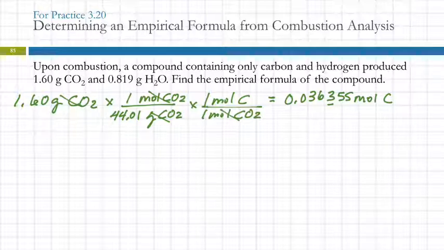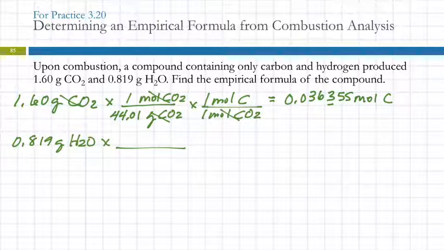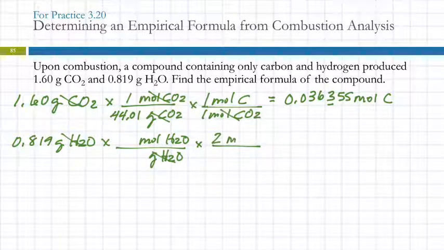And then we have 0.819 grams of water. So I'm going to do the same thing. I'm going to convert that to moles of water using the molar mass of water. And then I'm going to look at the formula. There are 2 moles of hydrogen in every 1 mole of water, right? 2 moles of hydrogen for every 1 mole of H2O.